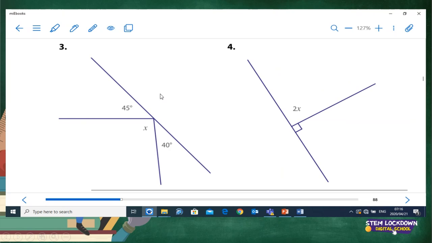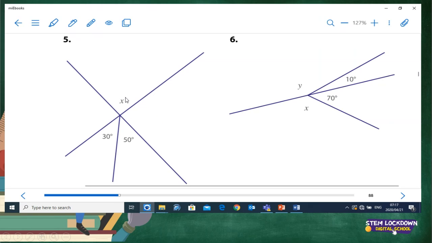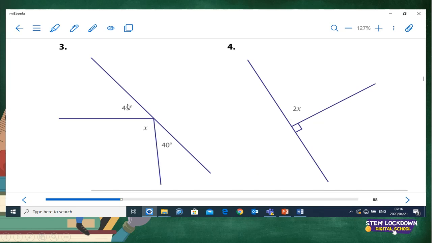And in this straight line, you have 45 degrees, you have x, and you have 40 degrees. So these 3 angles here are on a straight line. You can see the straight line that we are now talking about. The 3 angles are on a straight line.